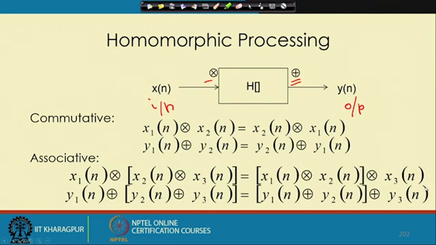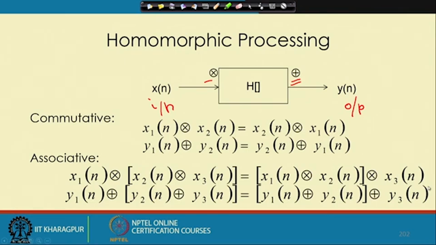In the first example, x1, x2, x3, three members are there in the input space and we have the operator cross. To combine them, first we combine x 1 and x 2, and then the resultant is combined with x 3. The same result we will get if we first combine x 2 and x 3 and the resultant is combined with x 1 with the operator cross.